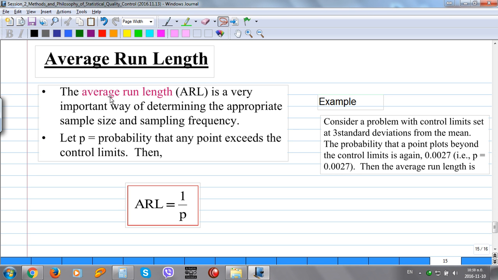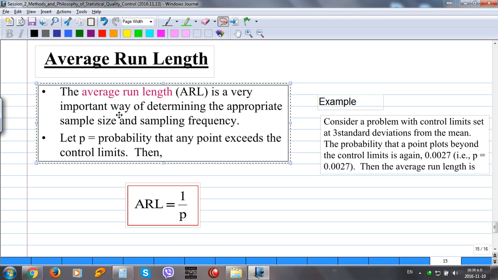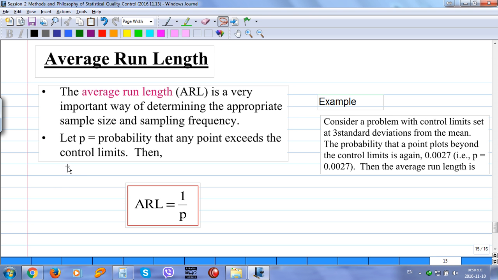As an example, if we produce something in a factory, suppose 200 good items are produced and after that there is a faulty item. Then before that faulty item there are 200 good ones produced, so the average run length equals 200. We will discuss examples of that also.